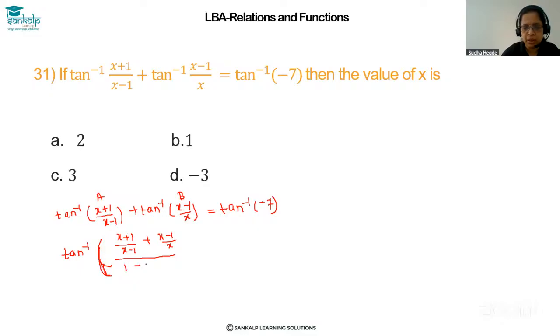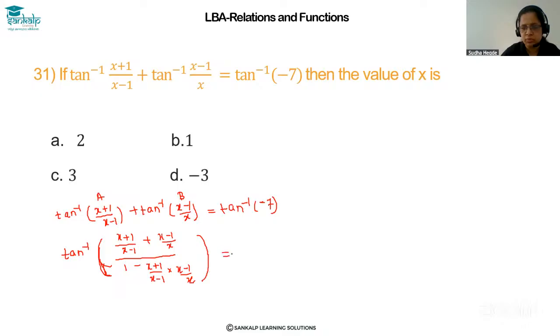So 1 minus (x plus 1) divided by (x minus 1) into (x minus 1) divided by x.